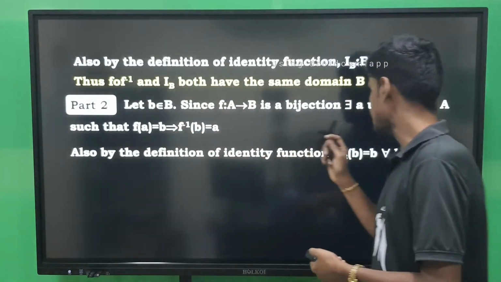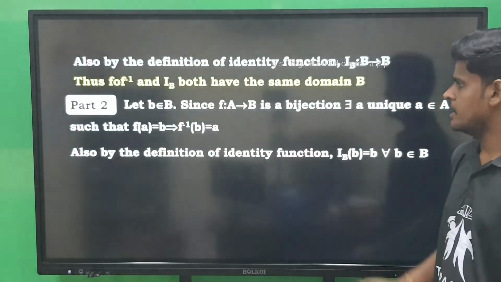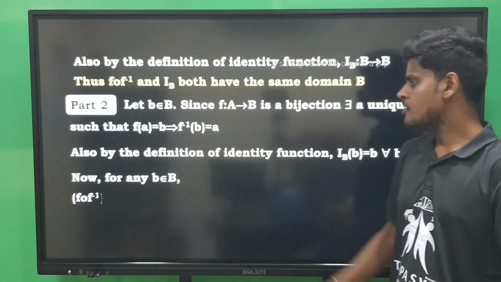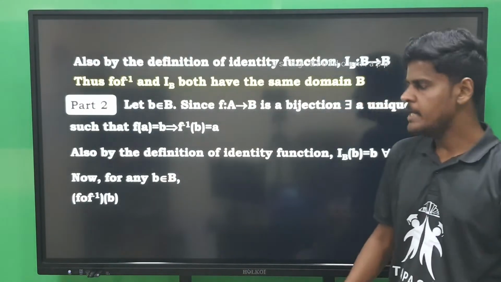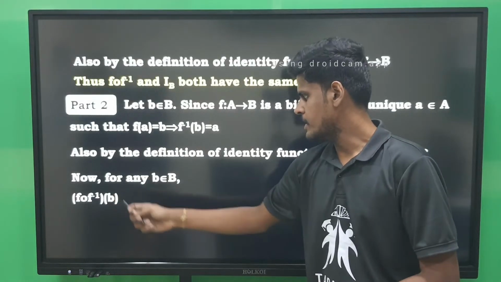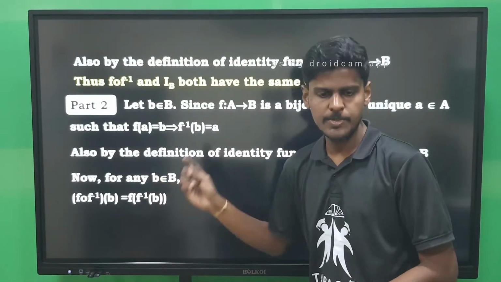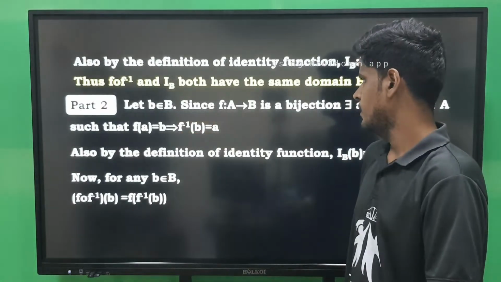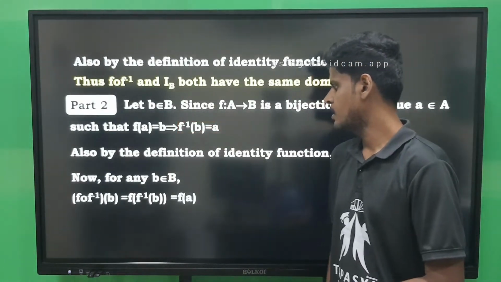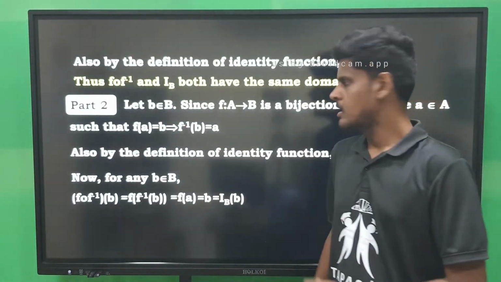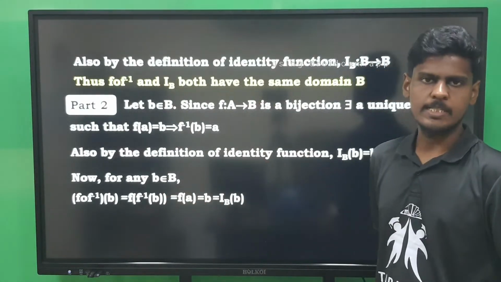Also by the definition of identity function, Ib of b equal to b itself. So for any element in set B, f of f inverse of b will be equal to Ib of b, because both the values are b itself. So this is understood from this. This is the proof for this theorem.